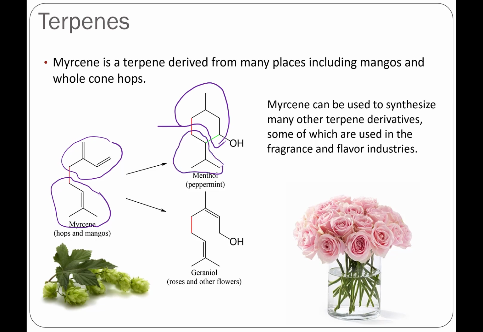One of the things we often do when we classify terpenes is look for those isoprene fragments and see how many there are. It actually helps us classify terpenes as having a certain number of isoprene units, and there you see those two, linked together via those colored, red or green bonds in this case.